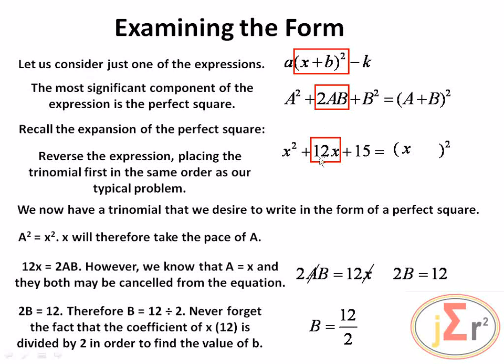So 2b is equal to 12. In order to find b, we have to take half of 12, which is just a matter of transposition, dividing by 2 on the other side, because we have b multiplied by 2 here. So b is equal to 6. There you go.